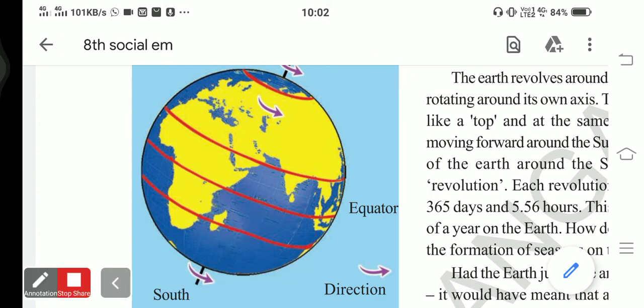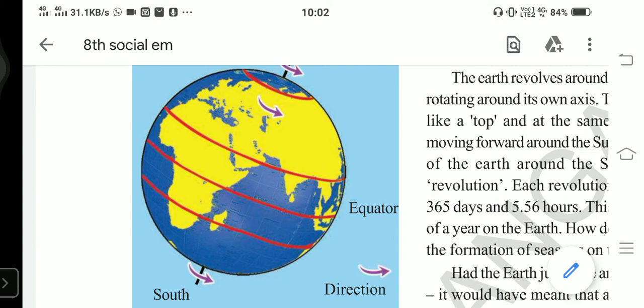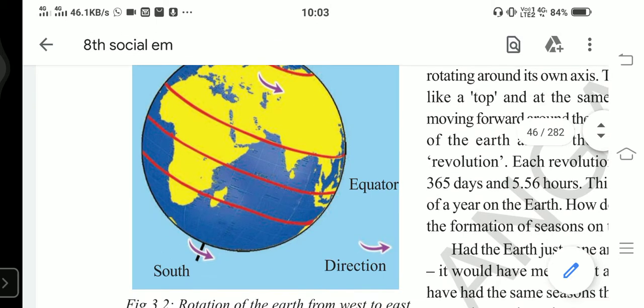As the western portion comes to the eastern side and the eastern portion moves towards the west, the eastern portion is exposed to the sunlight first, so it gets sunlight, which we call day, and the western portion will be in the dark, opposite to the sunlight, so it will be night.